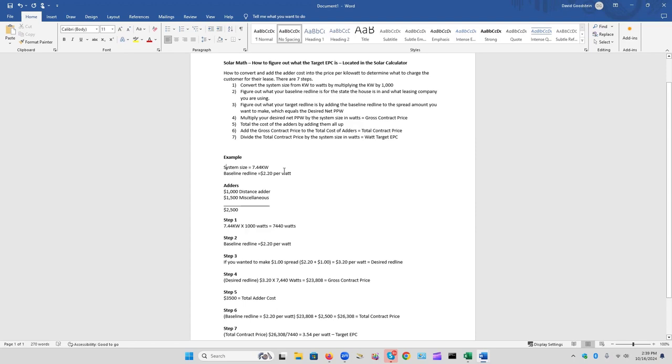So, for example, let's say the system size is 7.44 kilowatts, and the baseline red line is $2.20 per watt. And in this case, we're going to have 2 adders. We're going to have a $1,000 distance adder and a $1,500 miscellaneous adder, for a total of $2,500 in adders. So the first step, we're going to multiply the 7.44 kilowatts by 1,000 to get 7,440 watts.